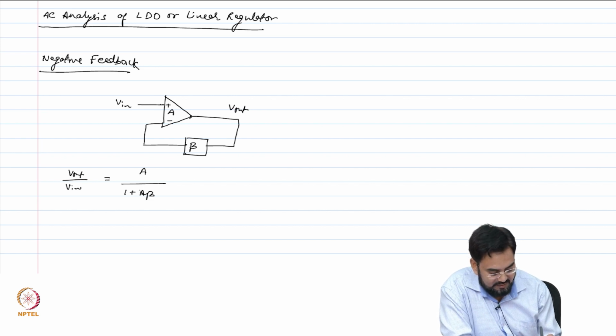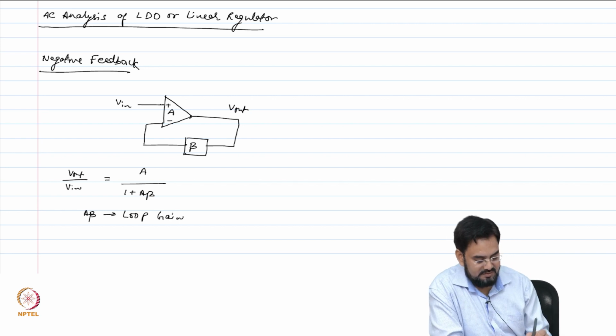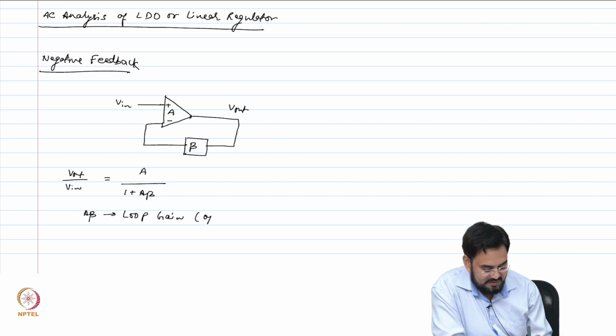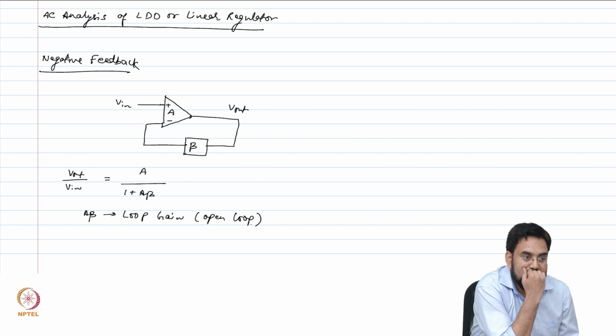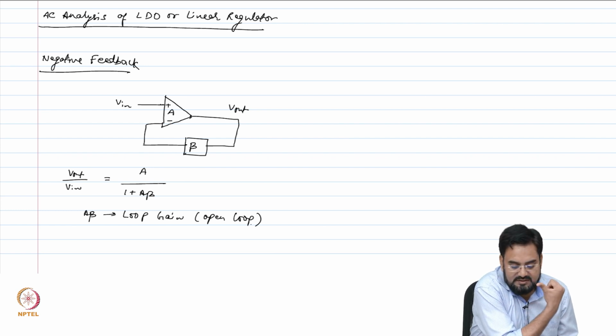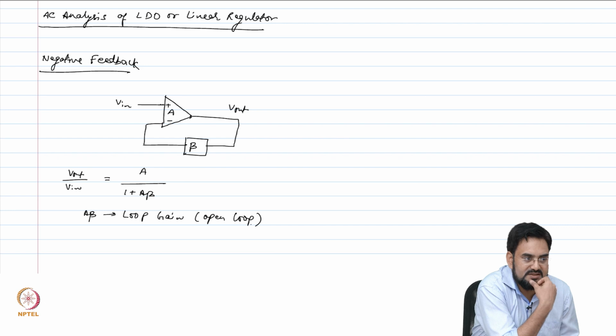And what do we call this A beta? A beta is the loop gain, which is nothing but your open loop gain. Okay. So, whenever you have to find the loop gain, you have to break the loop because it is defined as an open loop gain.